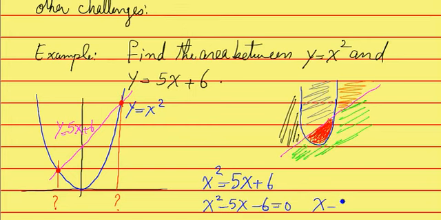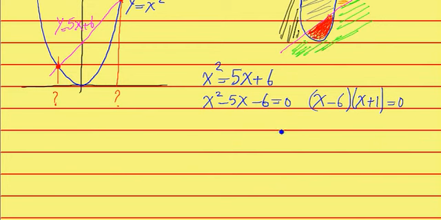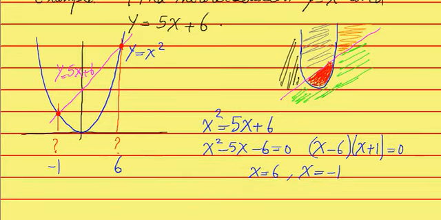You factor it and you get (x minus 6) times (x plus 1) equal to 0, and you get x is equal to 6 and x is equal to minus 1. So this point is supposed to be 6, this point is supposed to be minus 1. My picture isn't drawn well enough, so the scale is not quite right. Sorry for that, but we are going to move on.